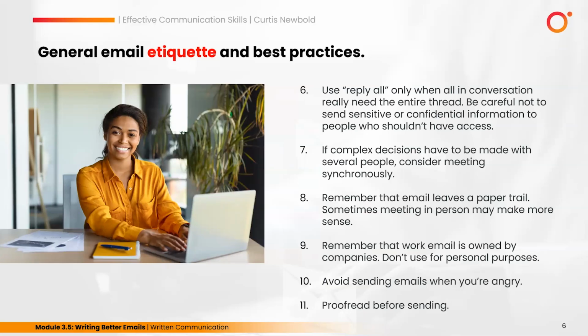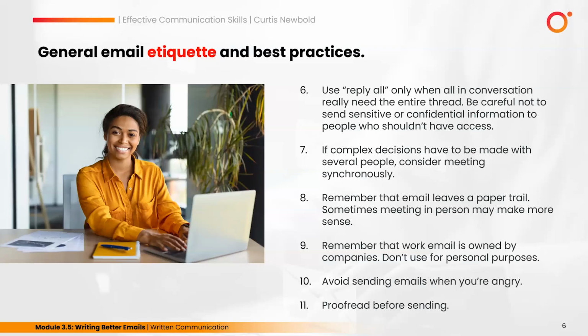A lot of times you can get together in person or through a video call and cover what you need in just about 15 minutes, or sometimes that kind of conversation can take a couple of days on email. So think about what's more efficient. Think about whether you should be doing that synchronously in person or on video rather than in email.